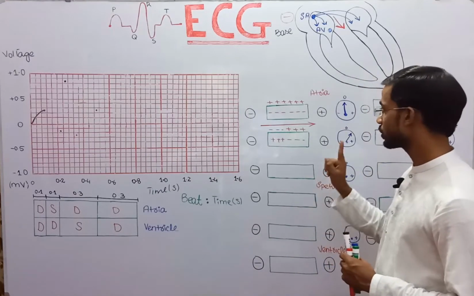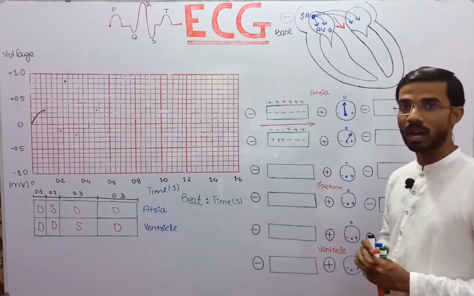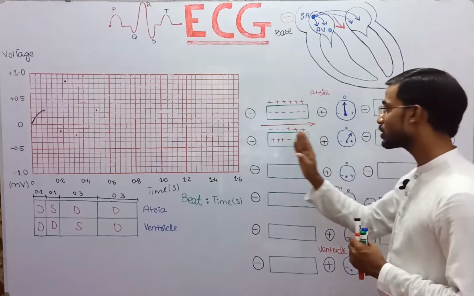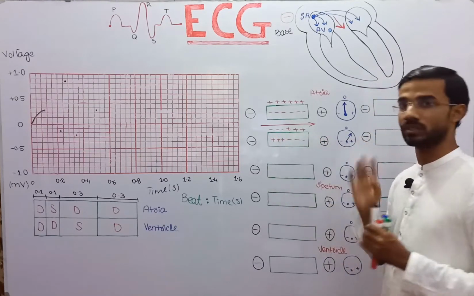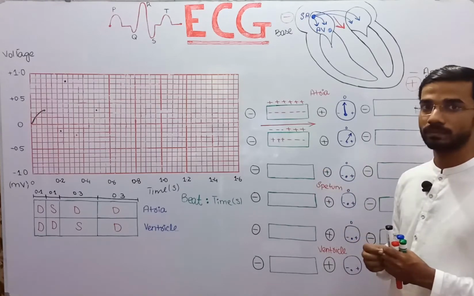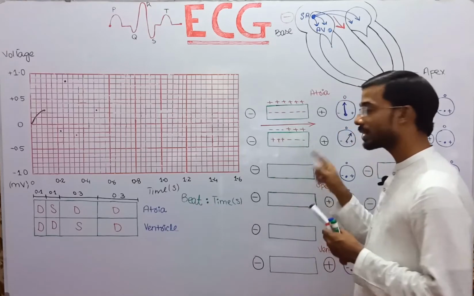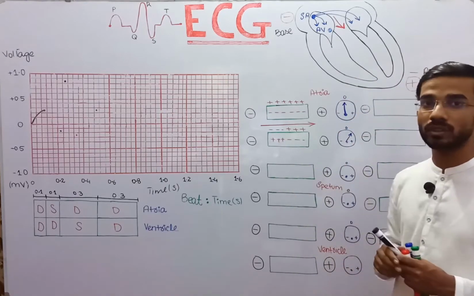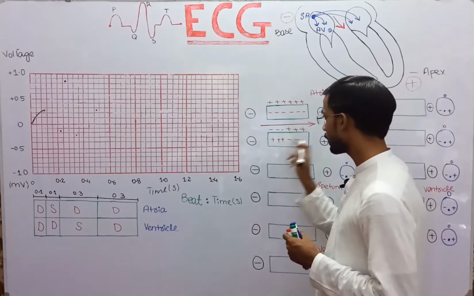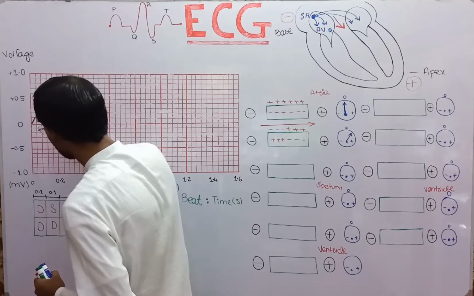So this is the situation at which half of the atria become depolarized, and this continues until a state happens where all the cells of the atria become depolarized, and again a decreasing curve will form.